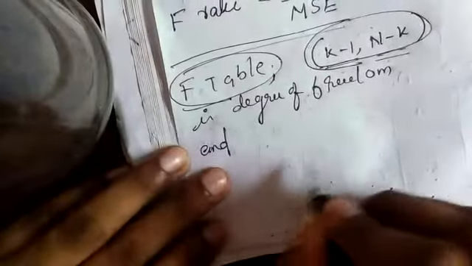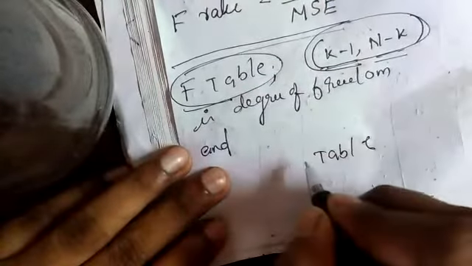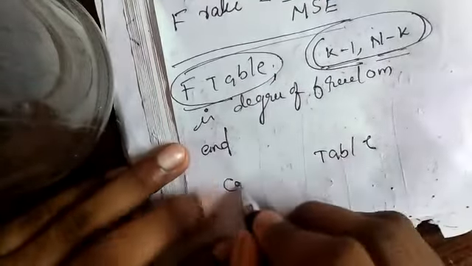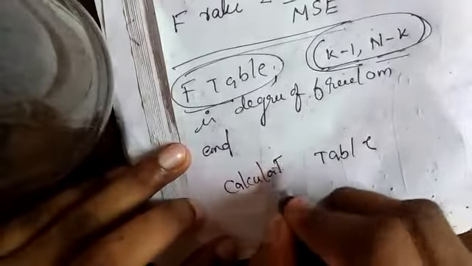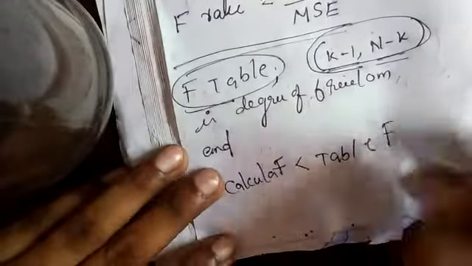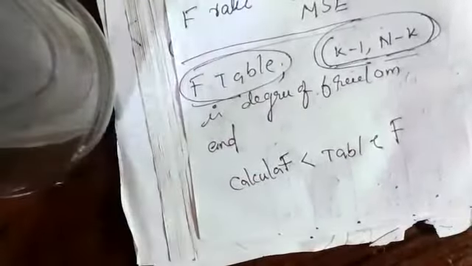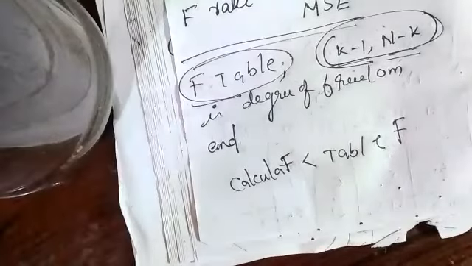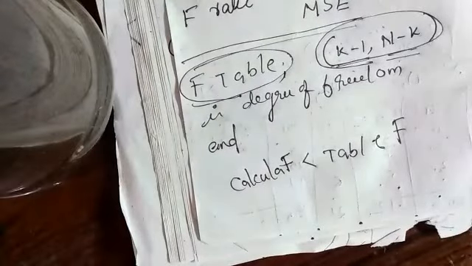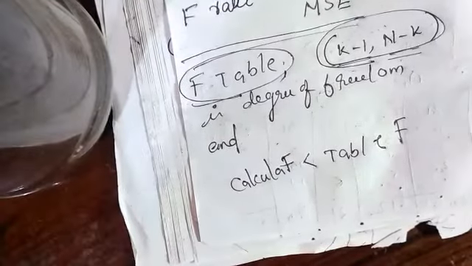Next, compare the table value and the calculated value. If the calculated F value is less than the table F value, then you can conclude about our hypothesis. What is the null hypothesis? Null hypothesis accepted.